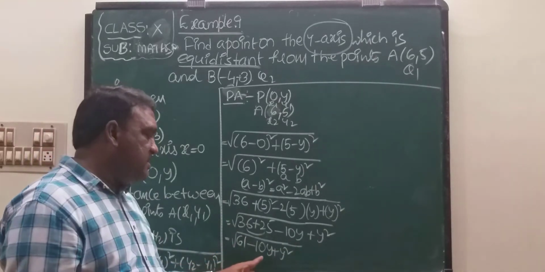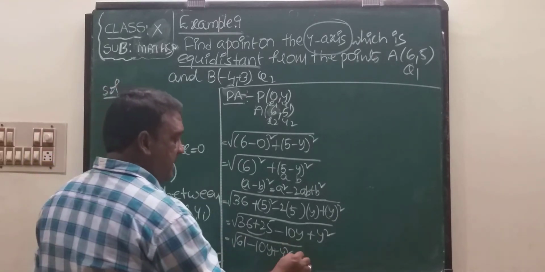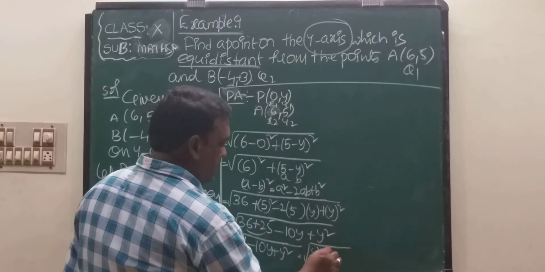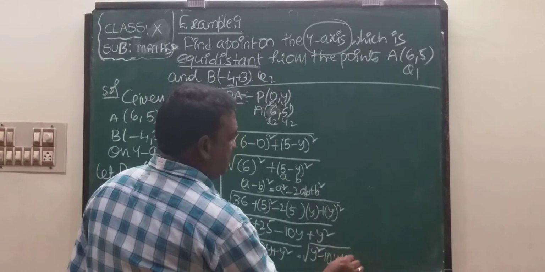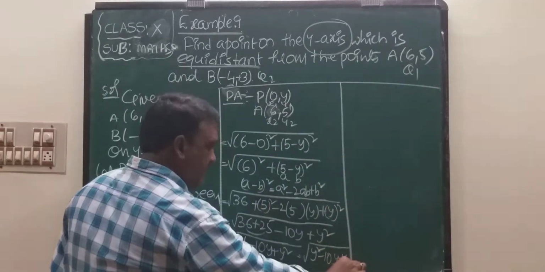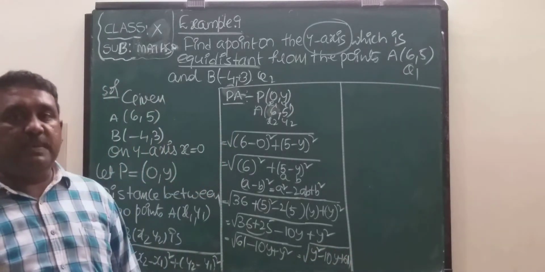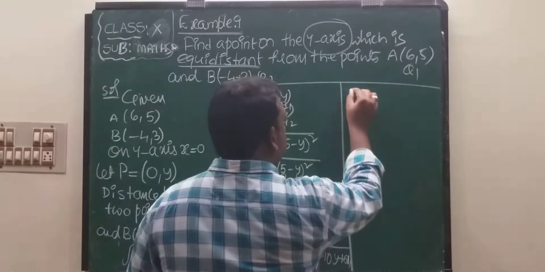Add these: 61 minus 10y plus y square. Write in proper order: y square minus 10y plus 61. This is PA, distance between P and A. So PA completed. Now let us do PB.